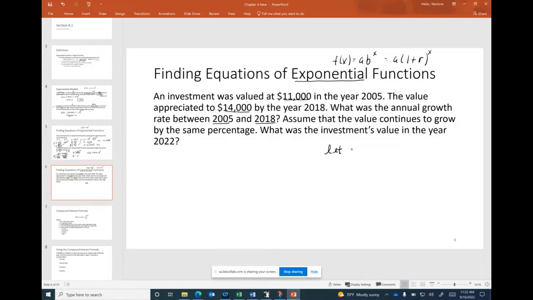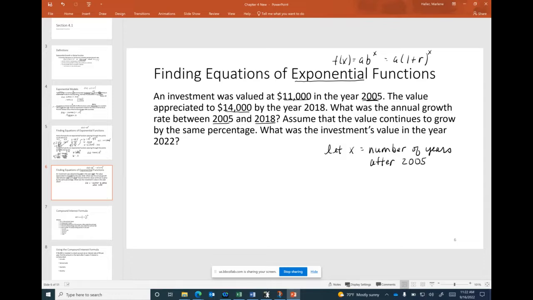So because of that, we usually frame our model such, and we usually say, let time, so we'll say, in this case, time is going to be our x, right? We're going to say let x be the number of years after where we think our model begins. And for this model, since the earliest data that I have is from 2005, I'm going to say it's the number of years after 2005. Okay, so I'm just going to frame my data this way.